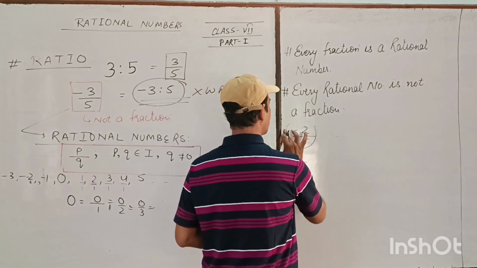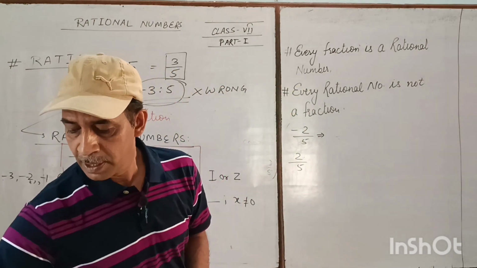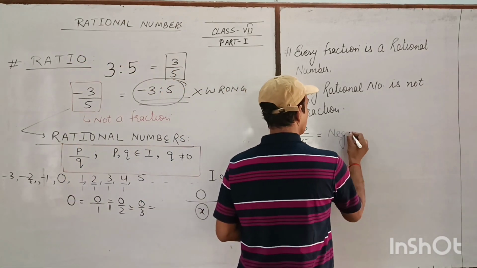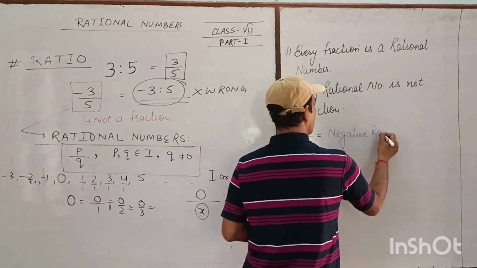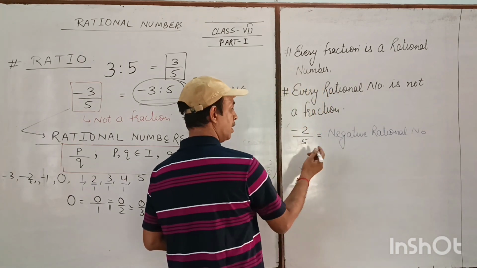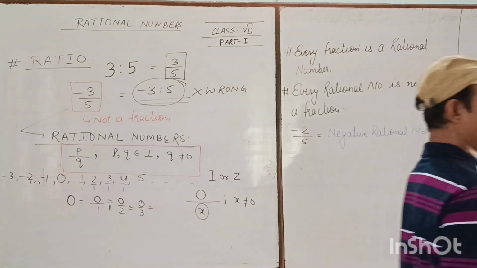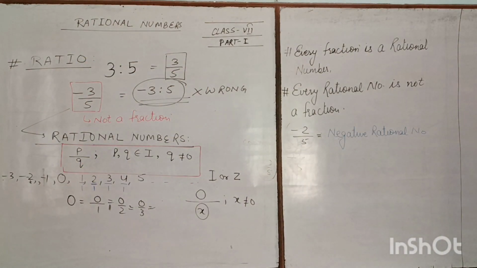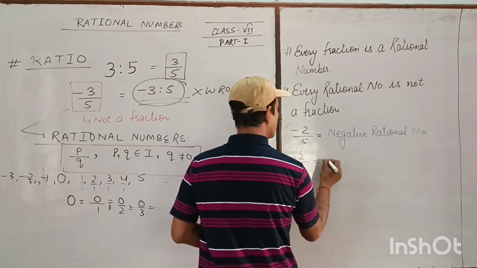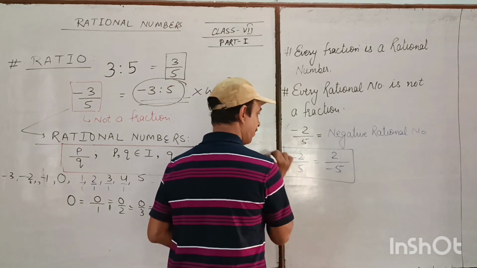Minus 3 upon 5 can be said to be a negative rational number. Whether it is minus 2 upon 5 or 2 upon minus 5, this is a negative rational number.